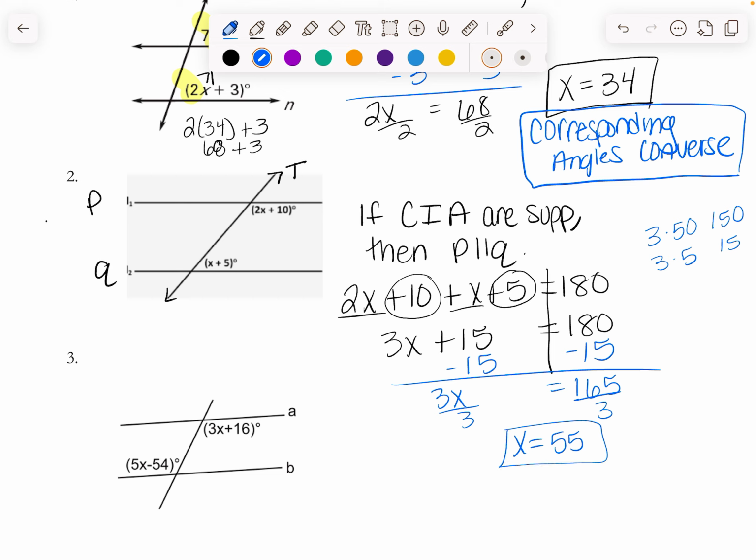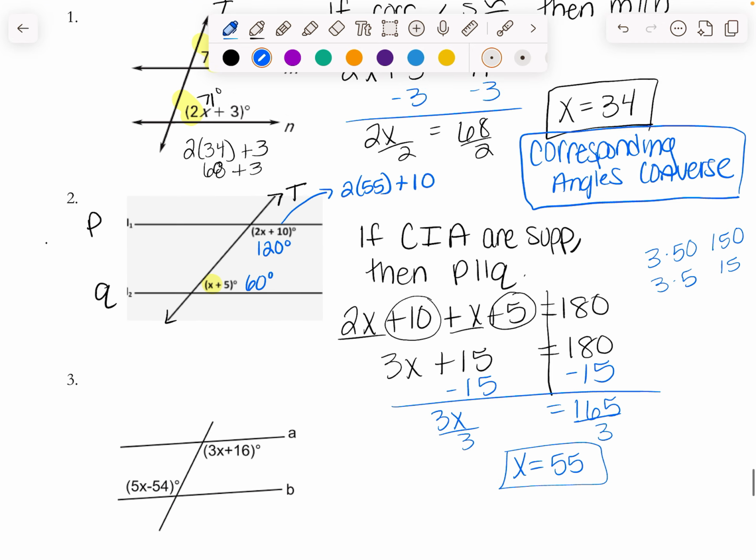So let's double check and plug it back in. If x is equal to 55 and I plug x back in here, 55 plus 5 would be 60 degrees for this one. And then if I plug it back in here, 2 times 55 would be 110, and 110 plus 10 more would be 120. And then 120 and 60 are supplementary angles because they add up to 180.